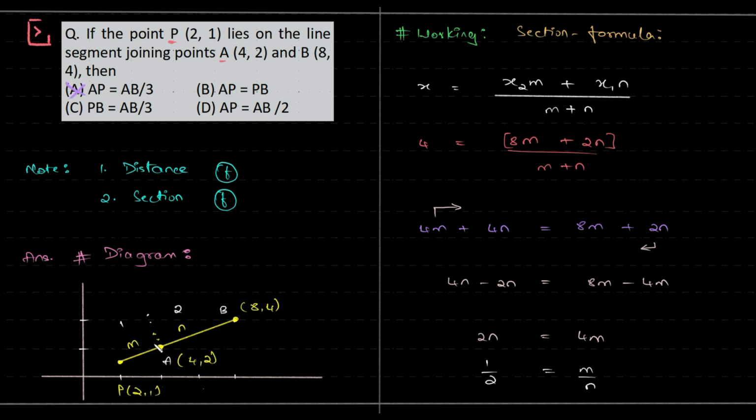AP is equal to PB, clearly not again. PB is AB by 3, not again. So AP is AB by 2. Yes, it has to be option D. So it's very clear from the options and the diagram that option D is the answer.